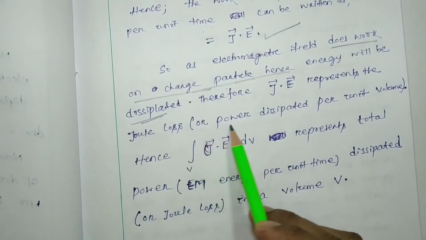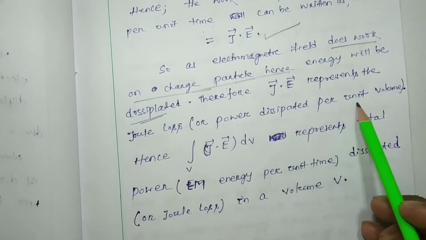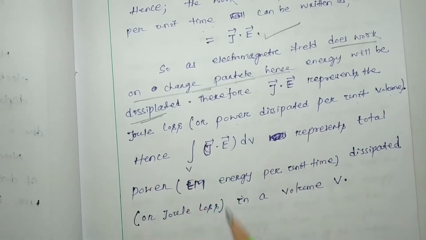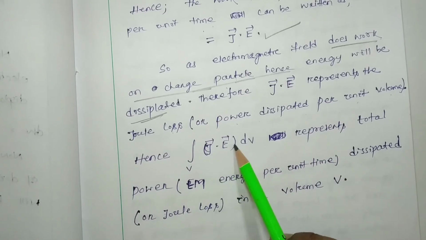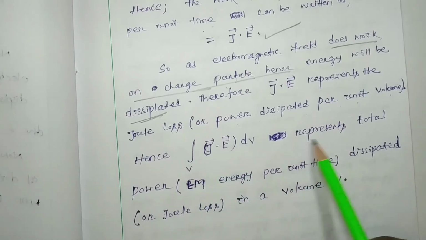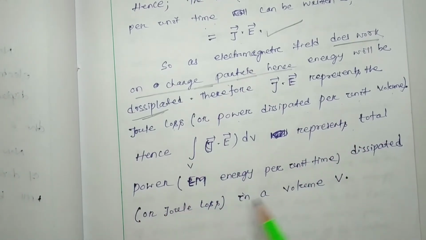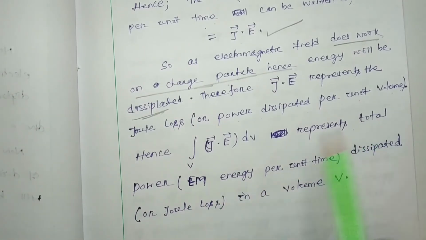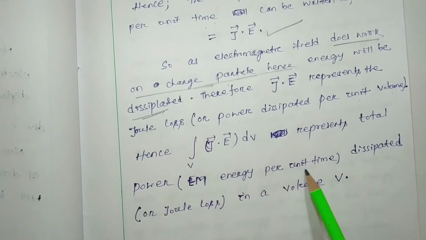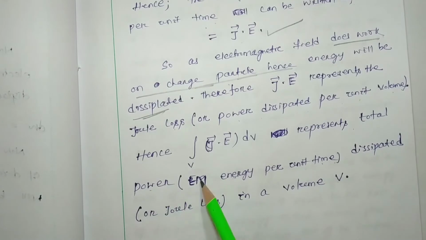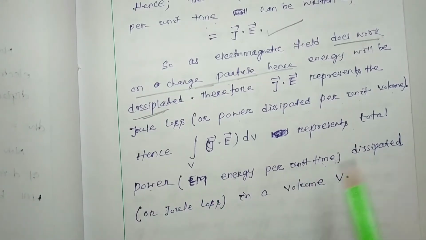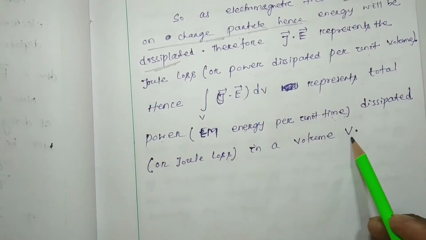So J dot E represents Joule's loss, or it is called the power dissipated per unit volume. Hence, if we consider J dot E over the total volume V, it represents the total power dissipated in the volume V, or electromagnetic energy per unit time. Here, energy per time means power: electromagnetic energy per time dissipated, or Joule loss, in a volume V.